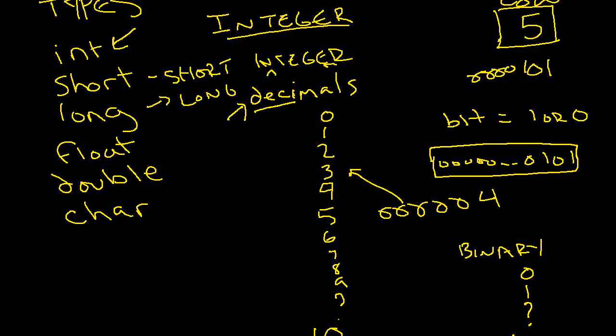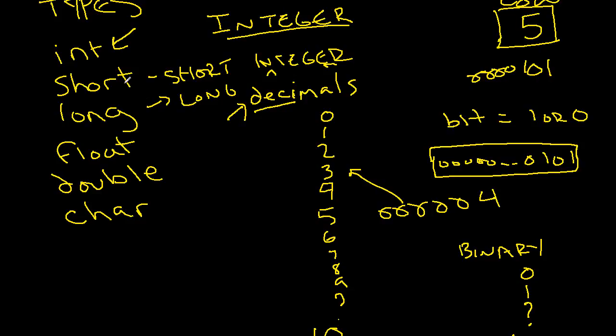What they're talking about with short and long integers is the number of bits in the box that we have. So in the case of the short integer, instead of 32 bits, 32 columns in our box, in most modern computers we only have 16 columns in our box.